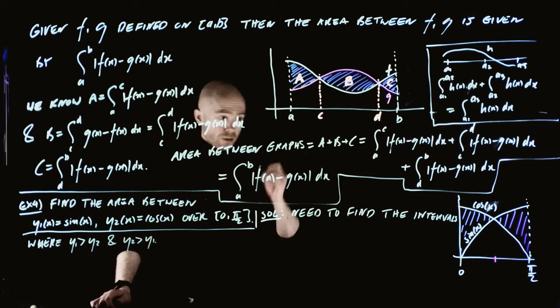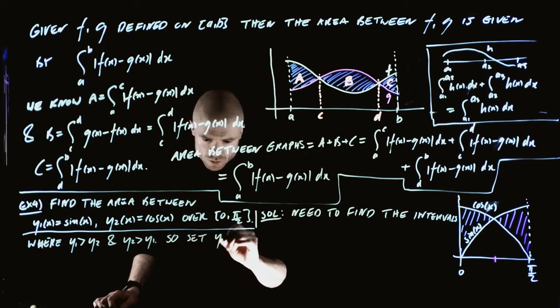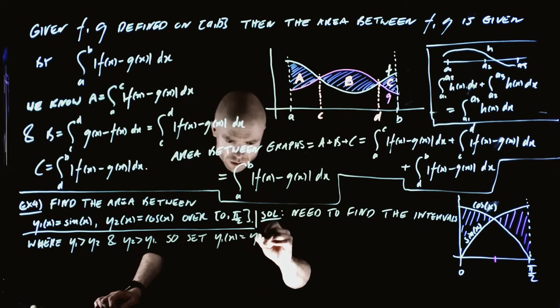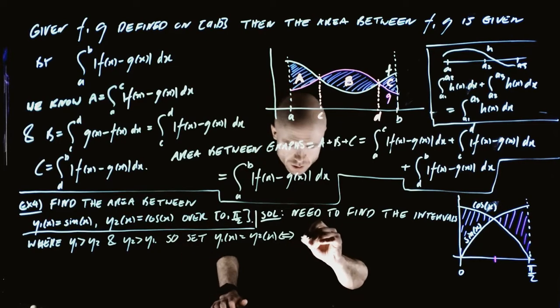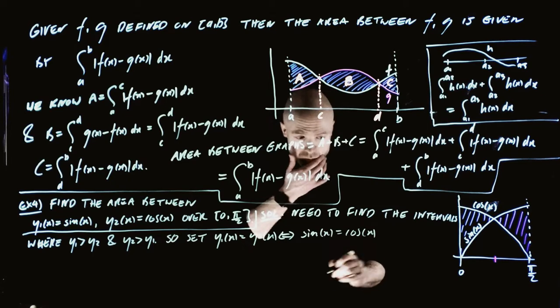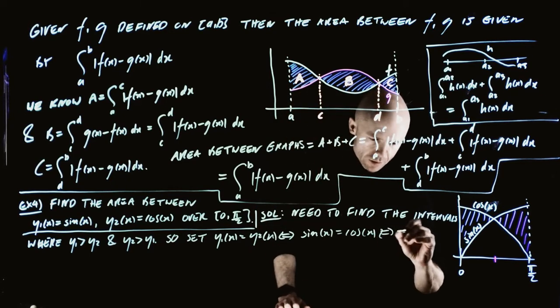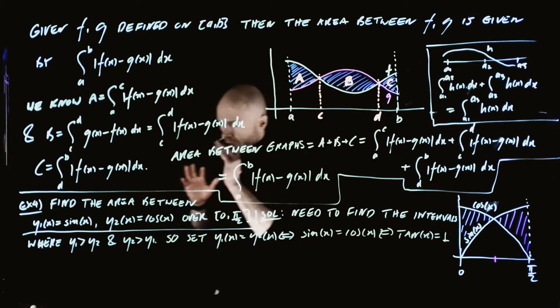So set y1 of x equals y2 of x, which is the same as insisting that sine of x equals cosine of x, which is the same as tan of x equals 1. Okay, let's draw a picture.